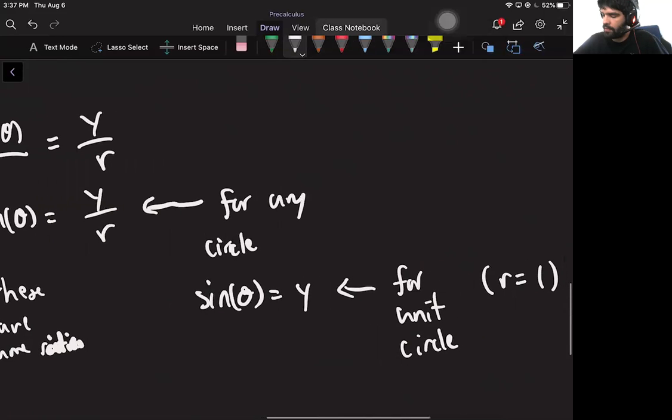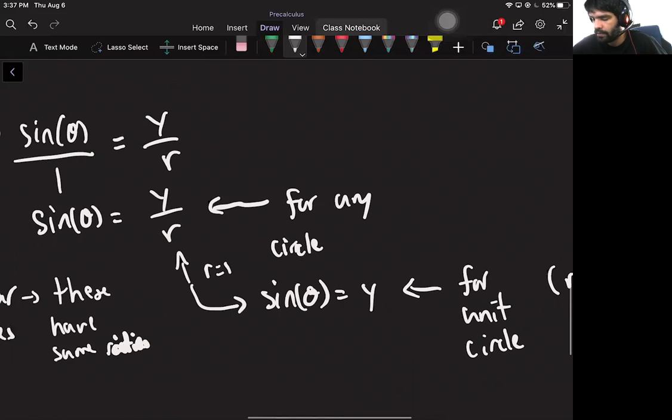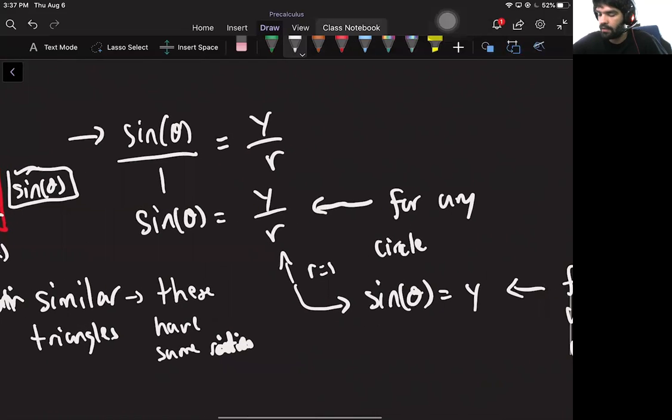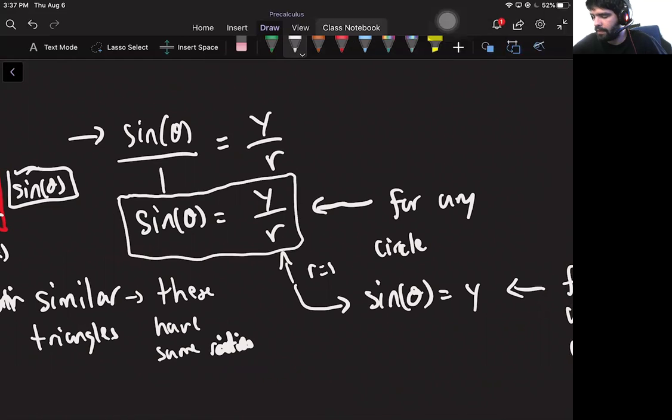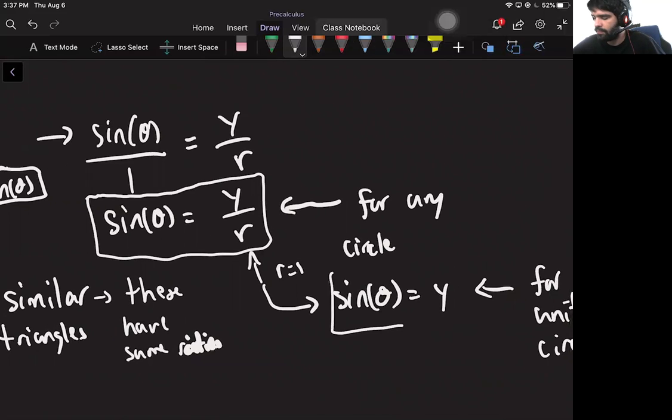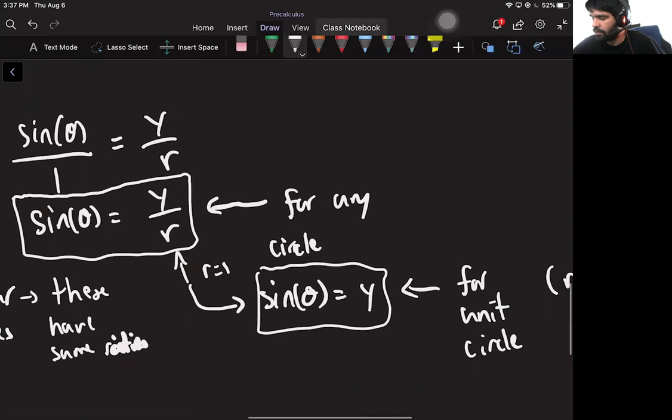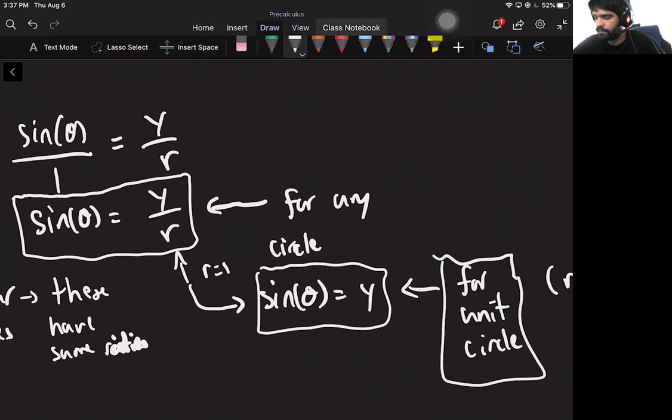So that's the same thing, because if I just plug r equals 1 here, then I'll just get this situation back. Okay, so there's no contradiction between saying sine of an angle is the height divided by the radius, versus saying sine of an angle is just the height, because this is specifically only for the unit circle.